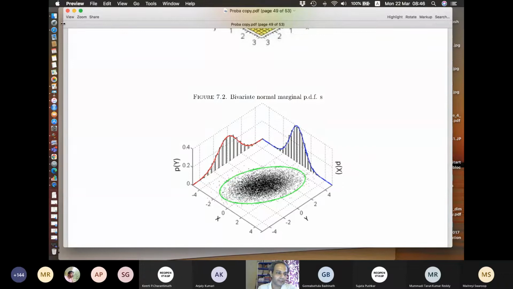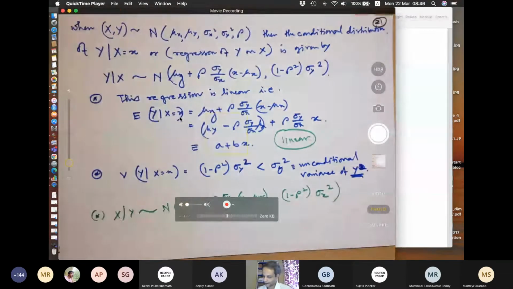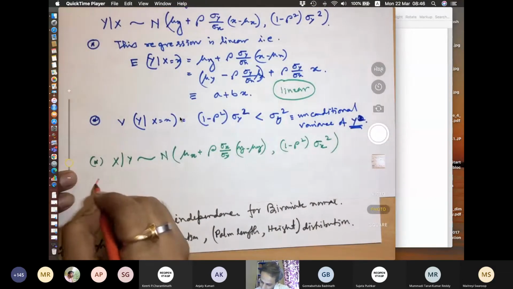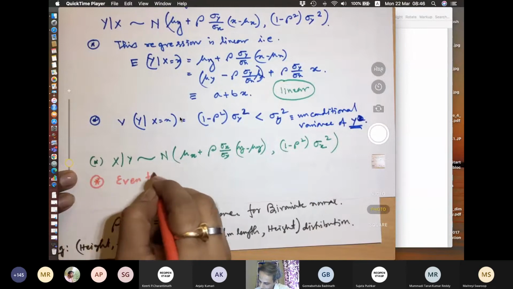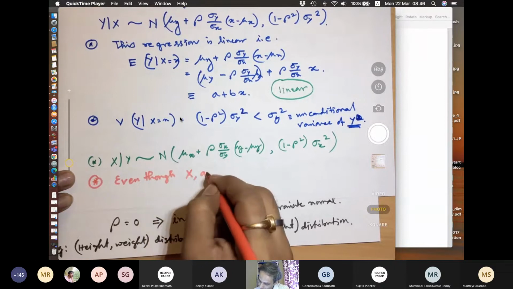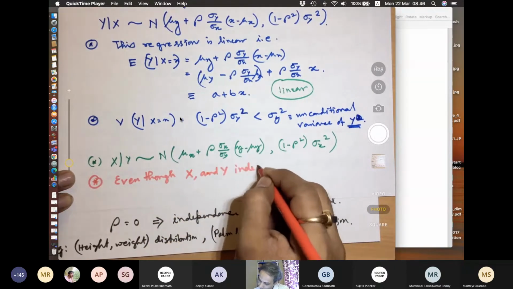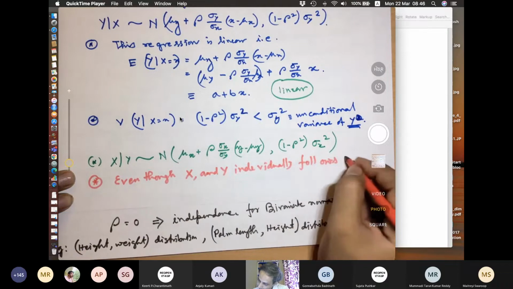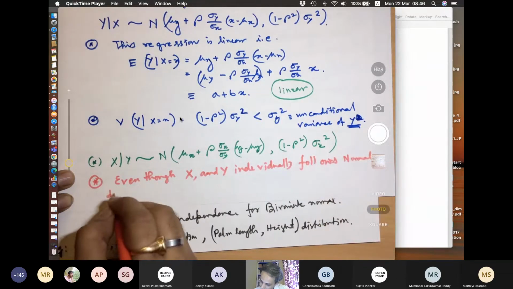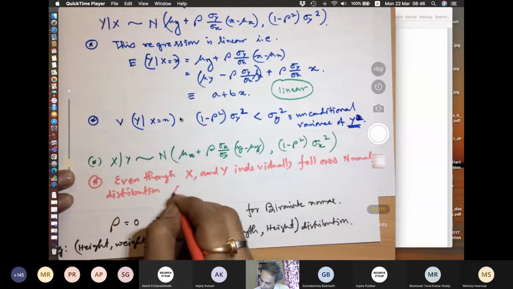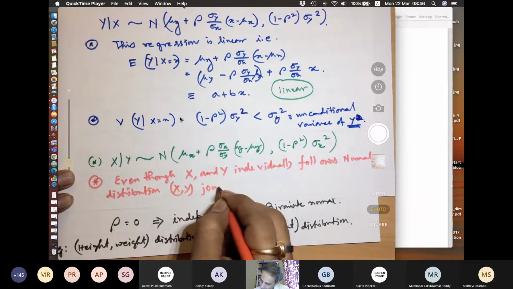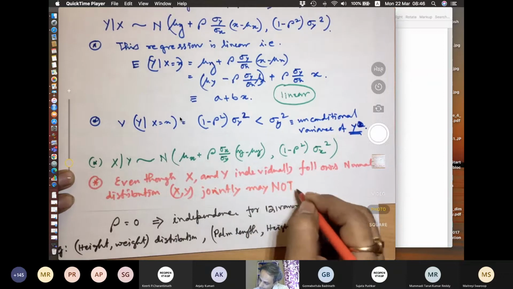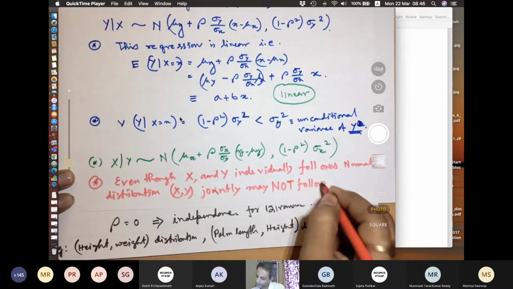But notice one thing, a very alarming note: even though x and y individually follow normal distribution, x and y jointly may not follow bivariate normal.